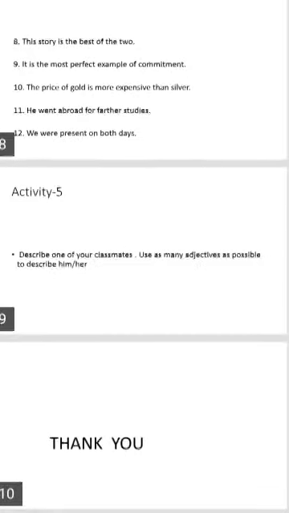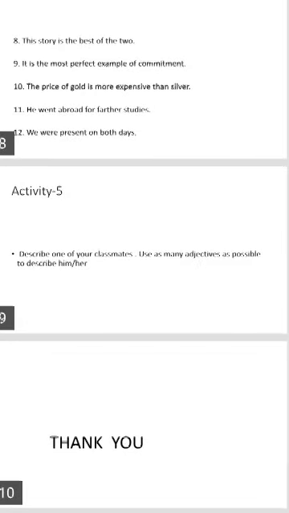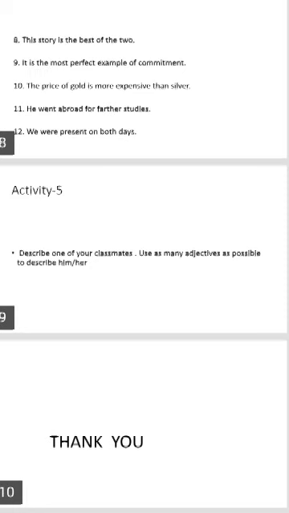Next, activity 5. In activity 5, you have to describe one of your classmates. In this description, you have to use as many adjectives as possible to describe your friend. That may be him or her. So when we describe something, naturally we have to use adjectives.